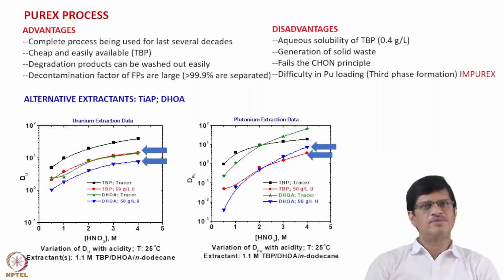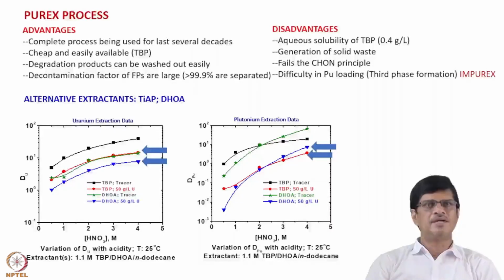I come to the advantages of the Purex process. It is a complete process because it has been used for the last several decades. The technology is very well known. TBP, which is used as the extractant in the Purex process, is cheap and easily available. So it actually helps in the economy of this process.